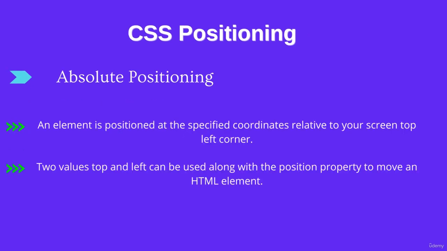So let's talk about absolute positioning. Absolute positioning is, as the name says, absolute, which means here you will have to pass two values, the x-axis and y-axis value. The x-axis means the horizontal one, which will be taken from the left-hand side, and from the top, that is vertical, the y-axis.